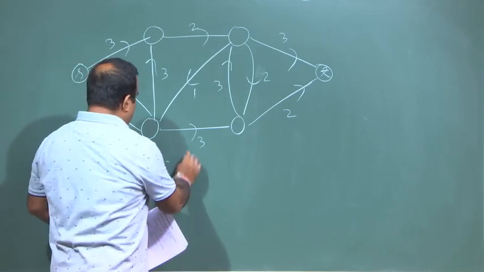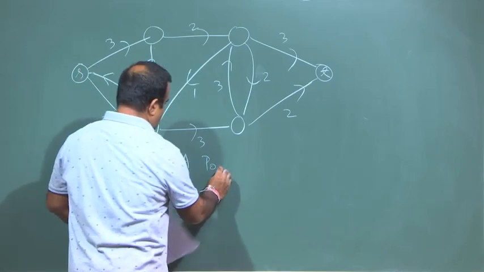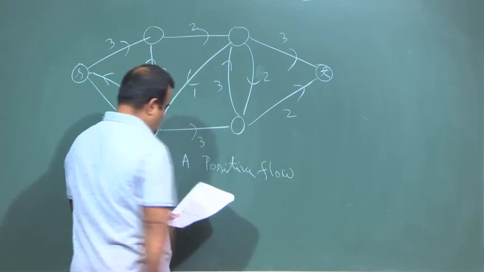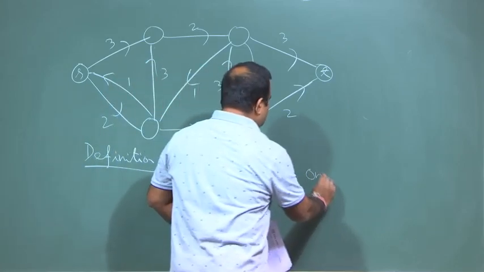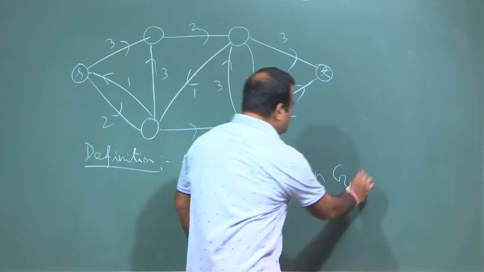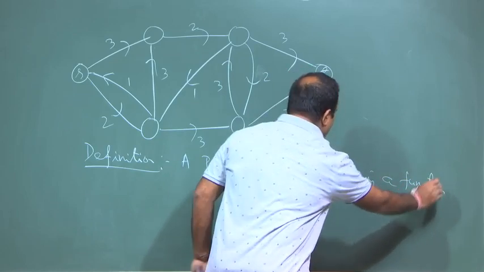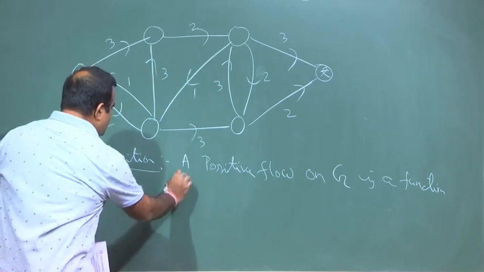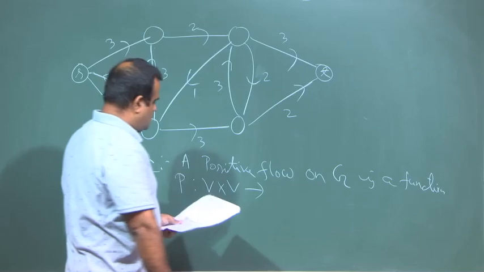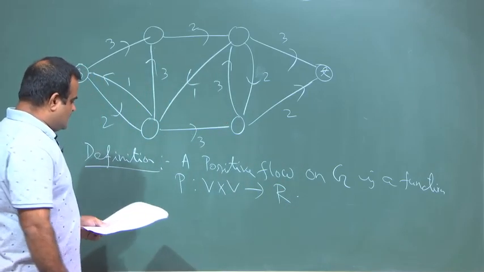A positive flow on this network G is a function P, which is basically V cross V to R, satisfying three conditions.